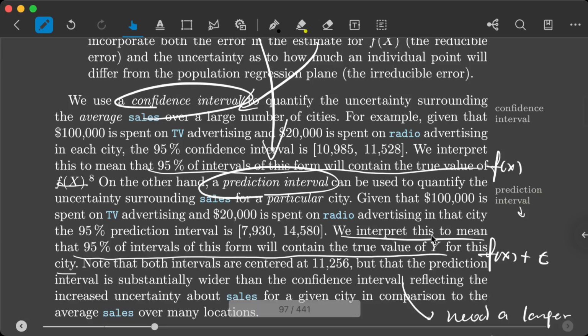And the prediction interval answers what the range is for the specific y of this data point, with 95% confidence. So it needs a broader range.